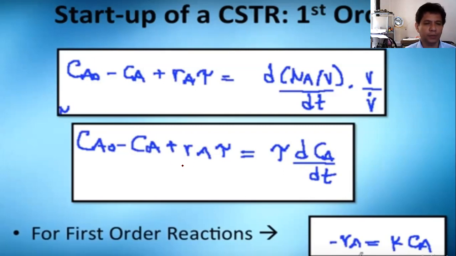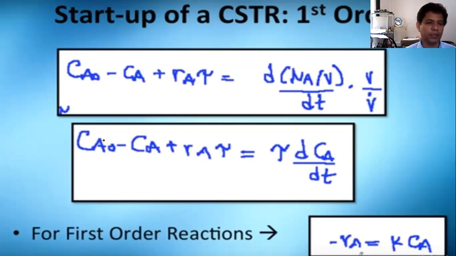For non-first order or non-zero order reactions, you can just transpose this tau to the other side of the equation, and the resulting equation you can use in Polymath to get the concentration versus time.